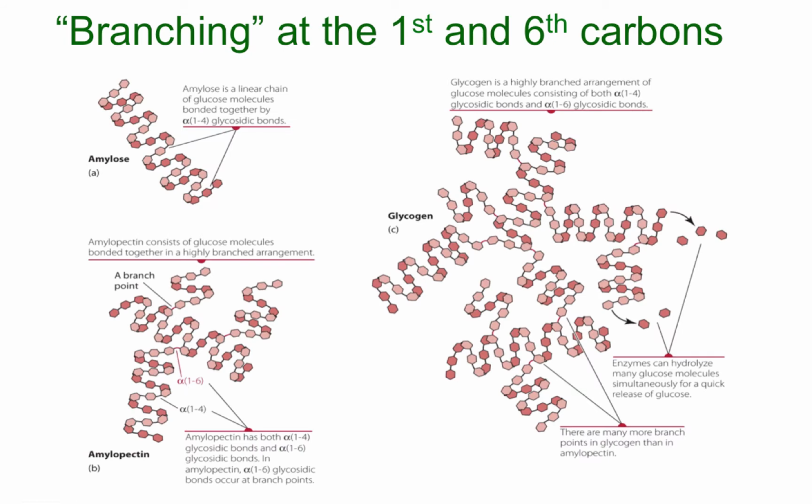However, from that we can produce a branch, and that will be from a 1 to 6 linkage. Okay, please make sure you know that. Both glycogen and amylopectin have these branches. And so these 1 to 6 bonds require a different enzyme for digestion or degradation to release glucose.